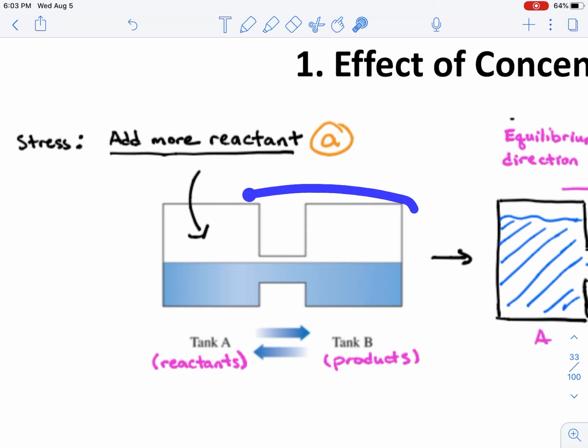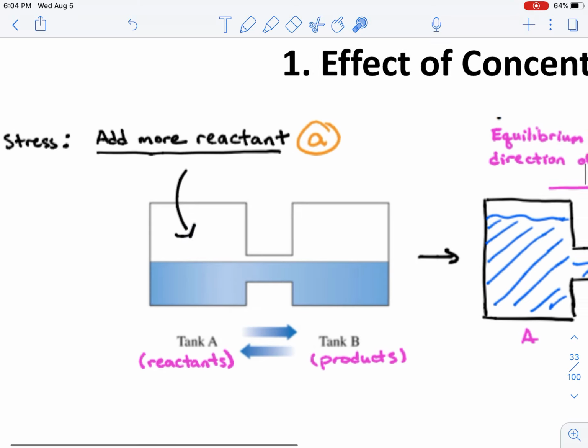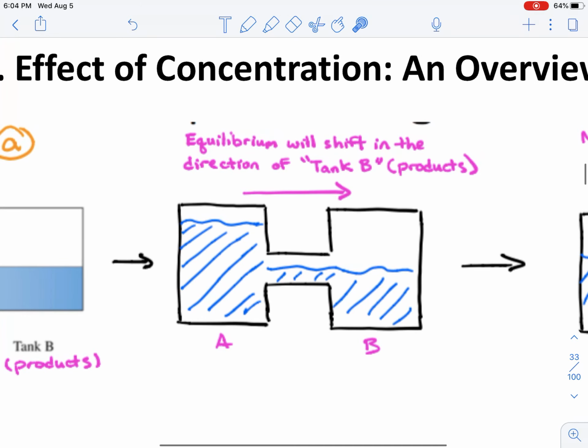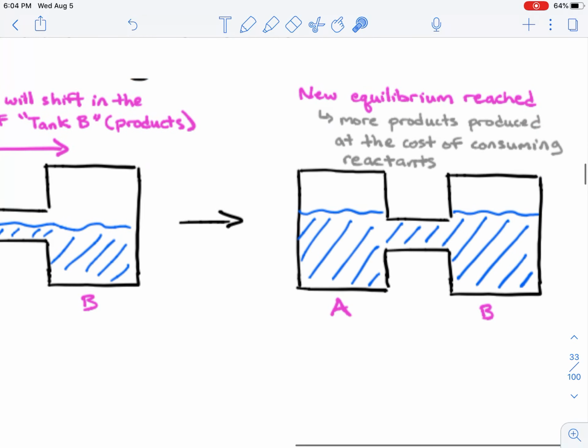If we increase the level of the liquid for tank A, at some moment in time, the level of the liquid in tank A is going to be different than the level of the liquid in tank B. If you allow gravity to do its thing, then the added liquid in tank A is going to eventually make its way into tank B until the level of the liquid is once again equal.